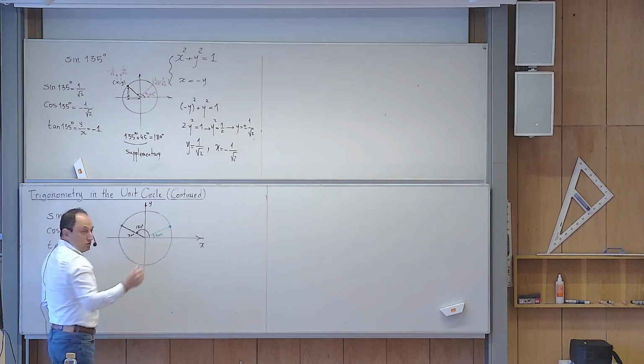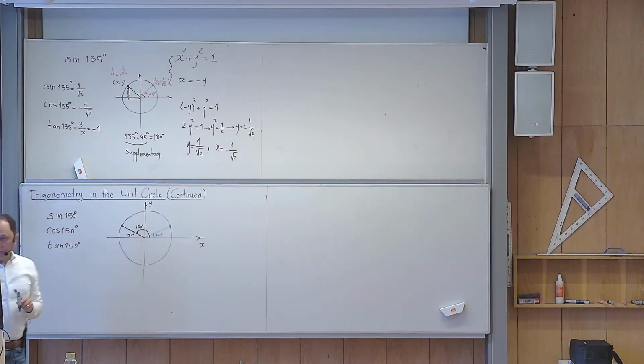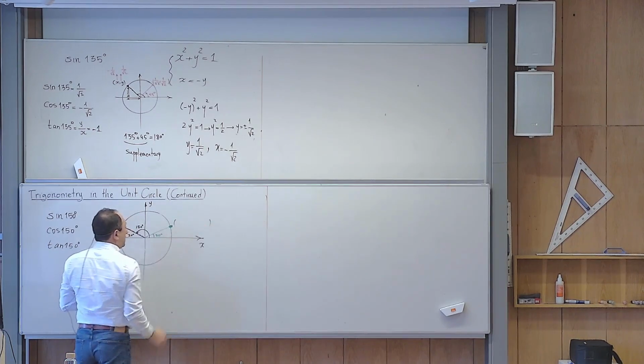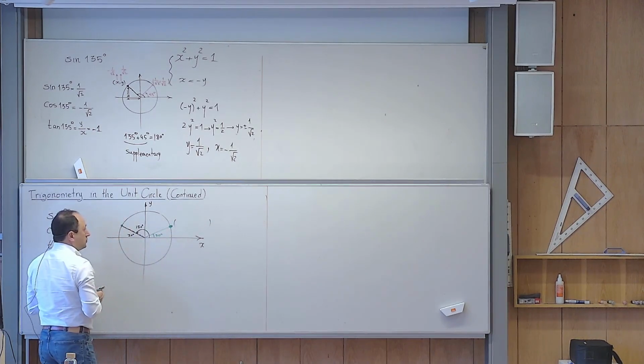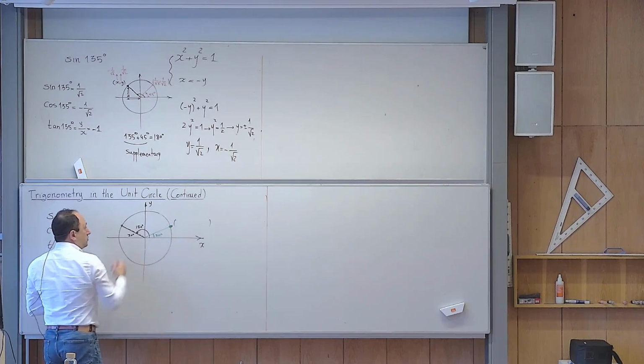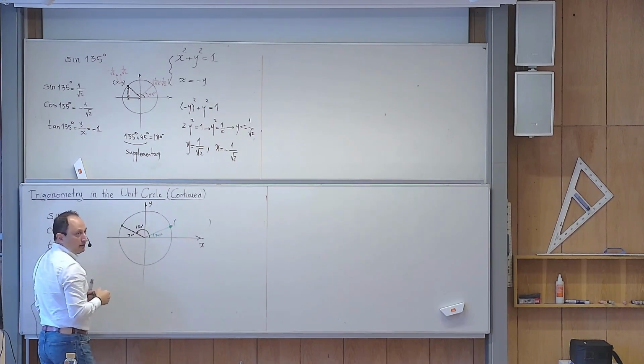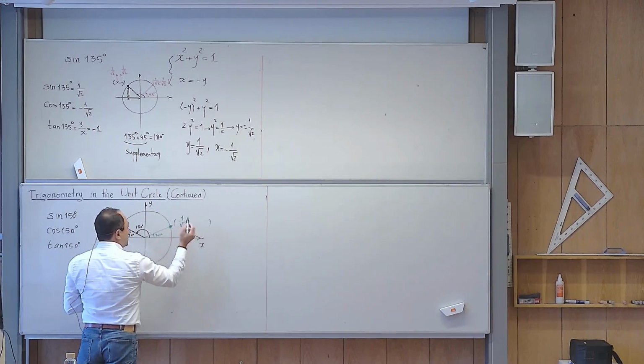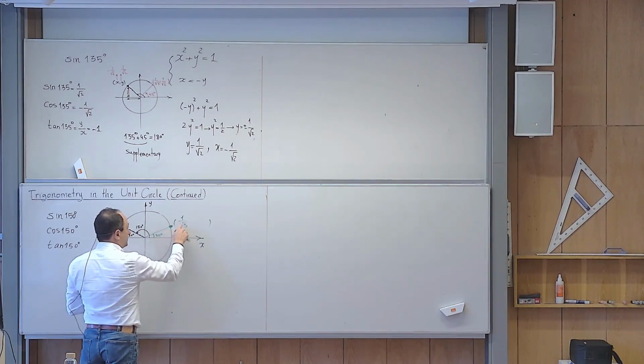Okay, now using the information for 30 degrees, you should be able to give me the coordinates of this point. What are the coordinates? The x coordinate should be what? The cosine of 30 degrees is square root of 3 over 2, yes.